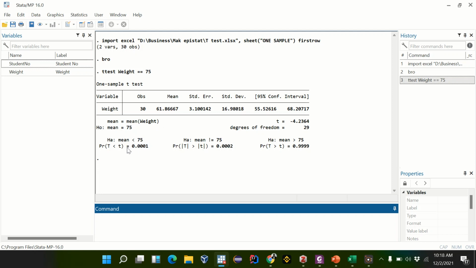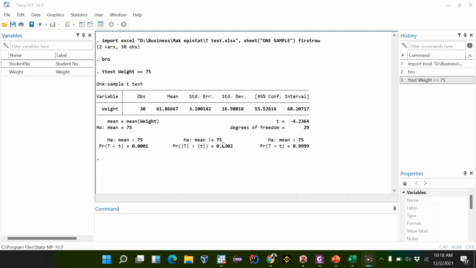This is true. 61.8 is not equal to 75. This is also statistically significant. So we reject the null hypothesis and we say the mean weight of boys at 25 years of age is statistically different from 75 kilograms.